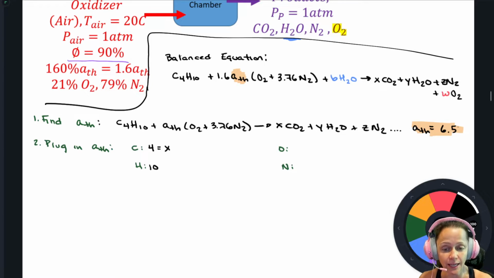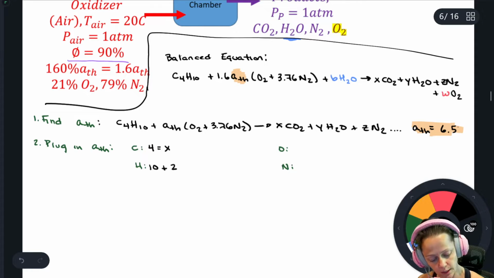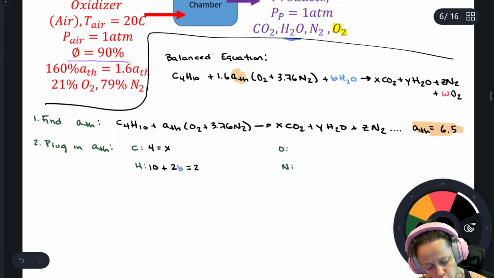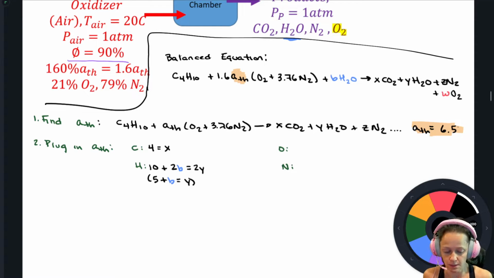So I've got 10 plus 2B, right? And then that's going to equal, on the right-hand side, I've just got the hydrogen in the water, so it's going to be 2Y. So in other words, 5 plus B is equal to Y. Okay. So I've got one equation and 2 unknowns. Maybe it's not an issue yet, but let's see.